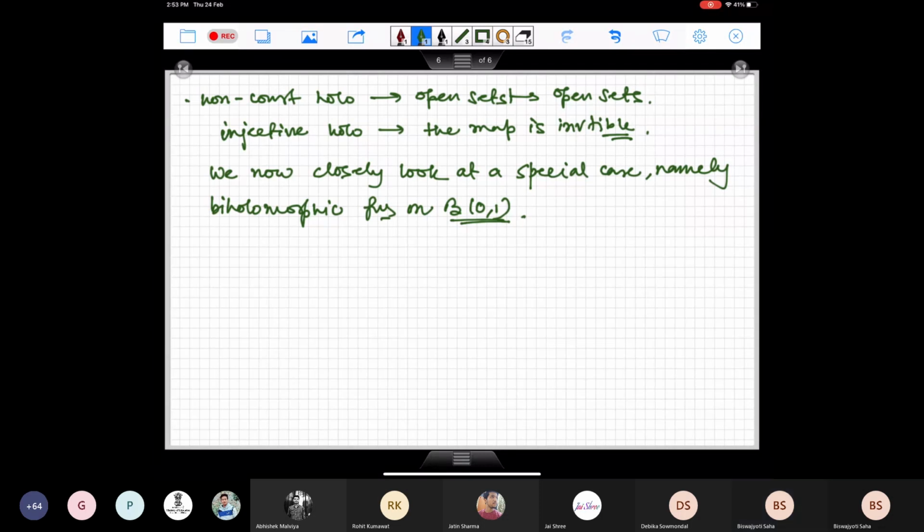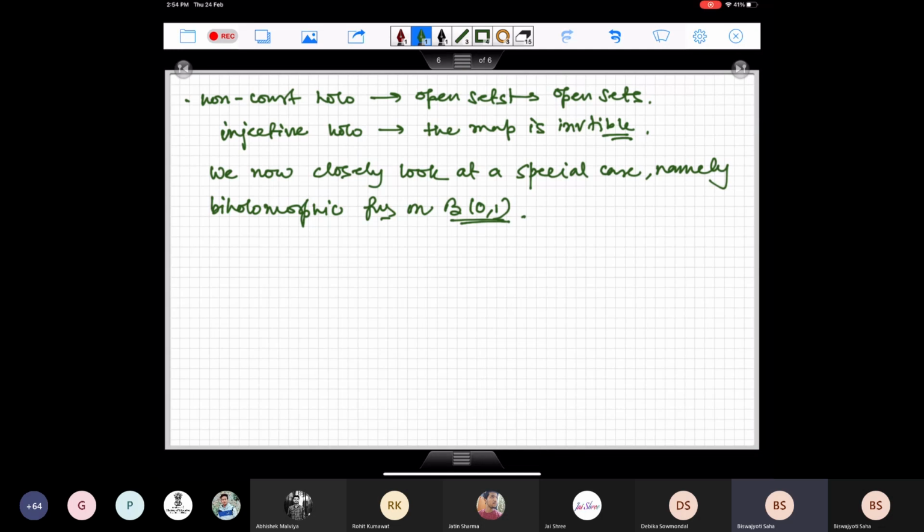I want to look at such kinds of functions. Is it clear what I want to do? Yes, sir. So here my range, of course, we are always taking open domains, so I want to specify my domain to be B(0,1). And of course, I know that once I take injective maps, it's going to be invertible, and I prefer that the inverse is also from B(0,1).